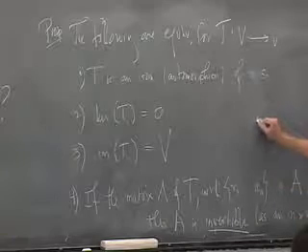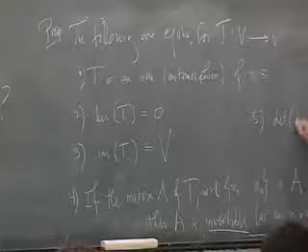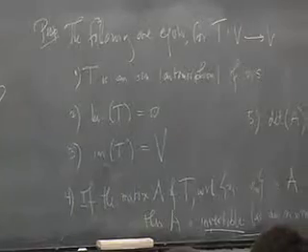And finally, 5, the determinant of the matrix A is not equal to 0 in the field F.